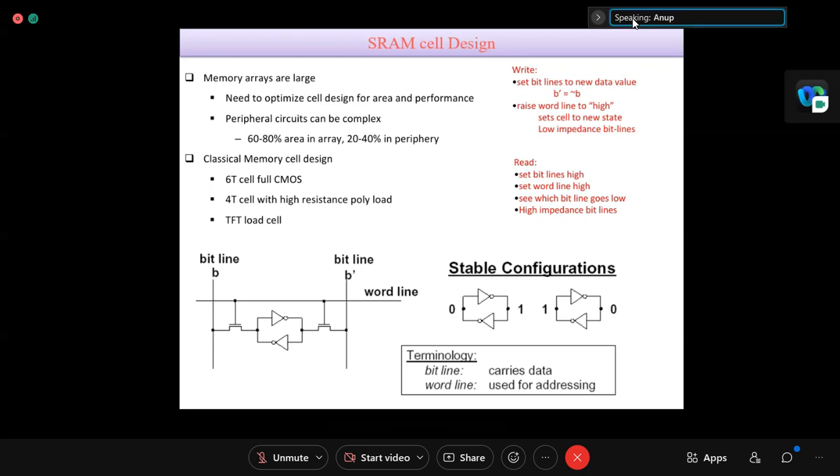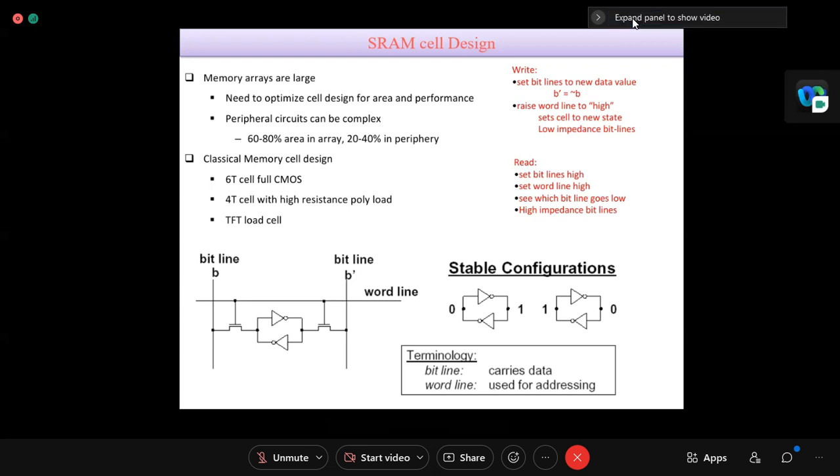So can we optimize Y equals A dot B dot C? Can we optimize? Not required, right? We cannot optimize. Am I correct?